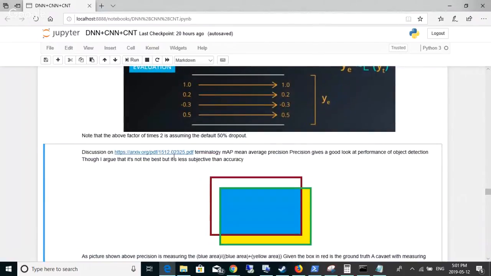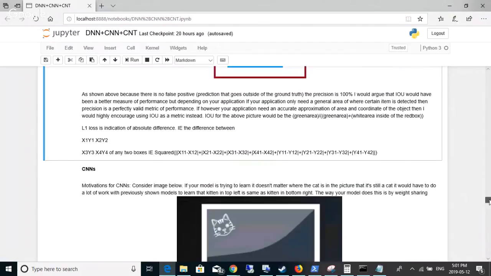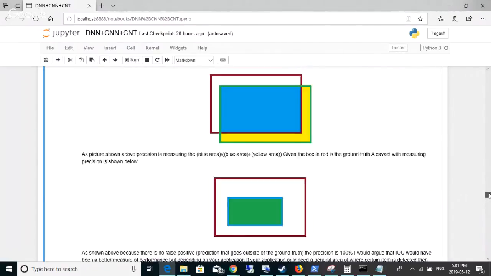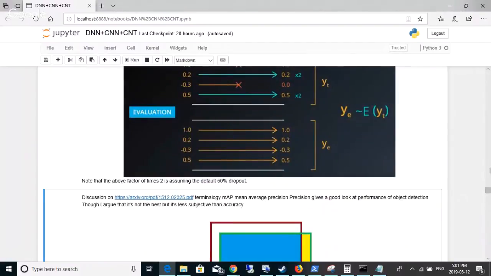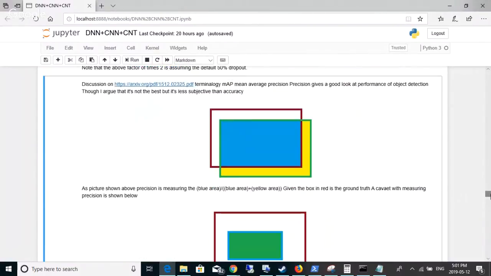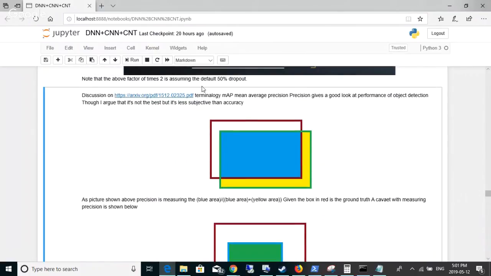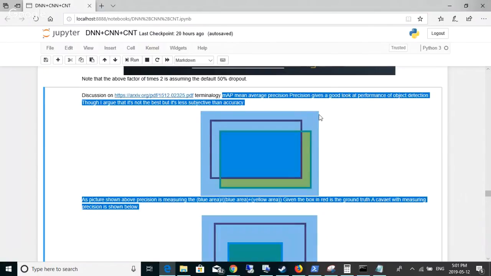I won't be discussing too much about the paper because I do want to get into more important concepts of CNN, which it seems like I missed while discussing just regular deep neural nets.